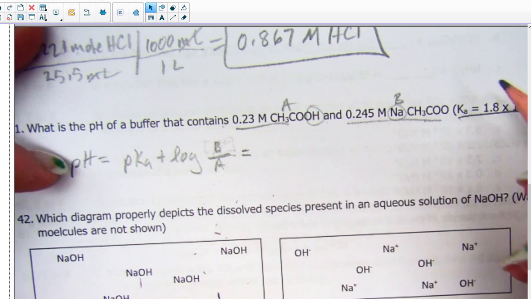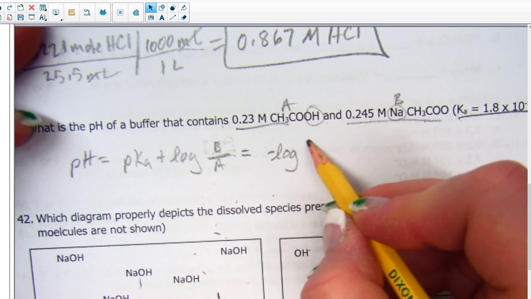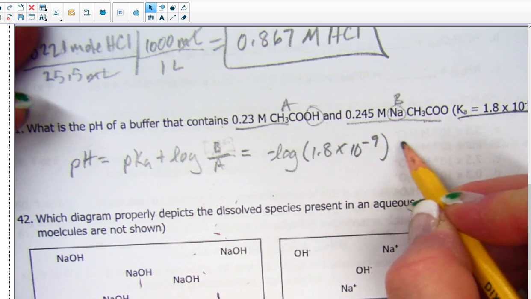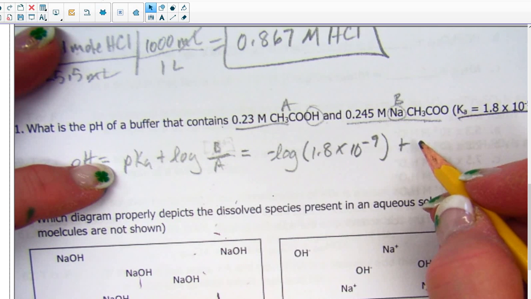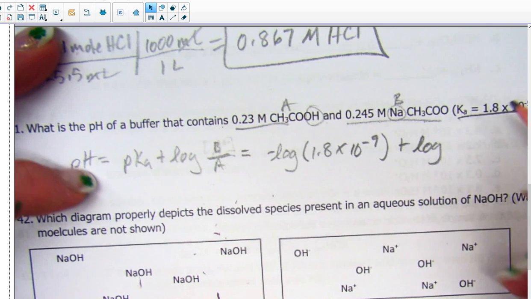So plugging in, we go minus the log of 1.8 times 10 to the negative 9 plus the log of my base over acid.